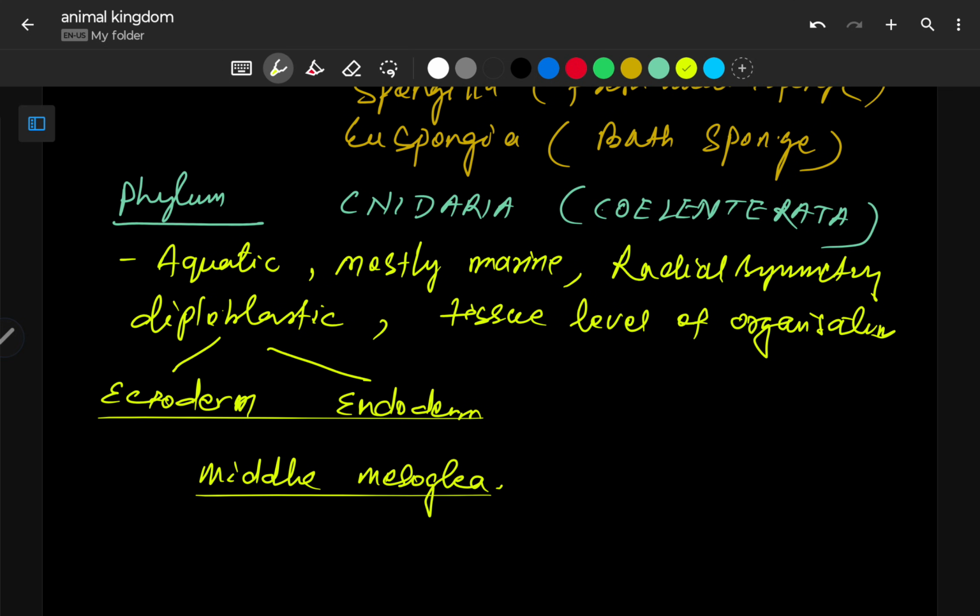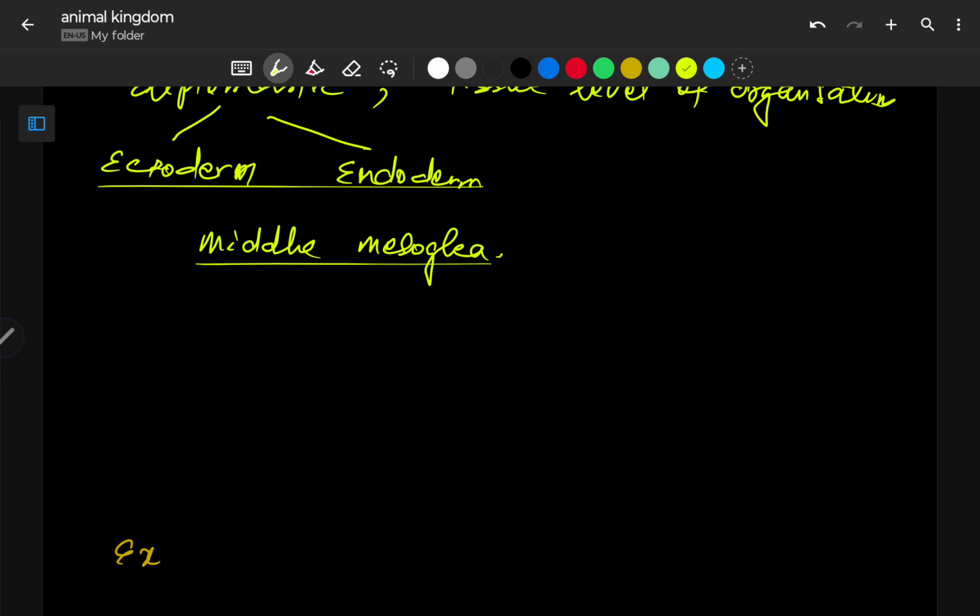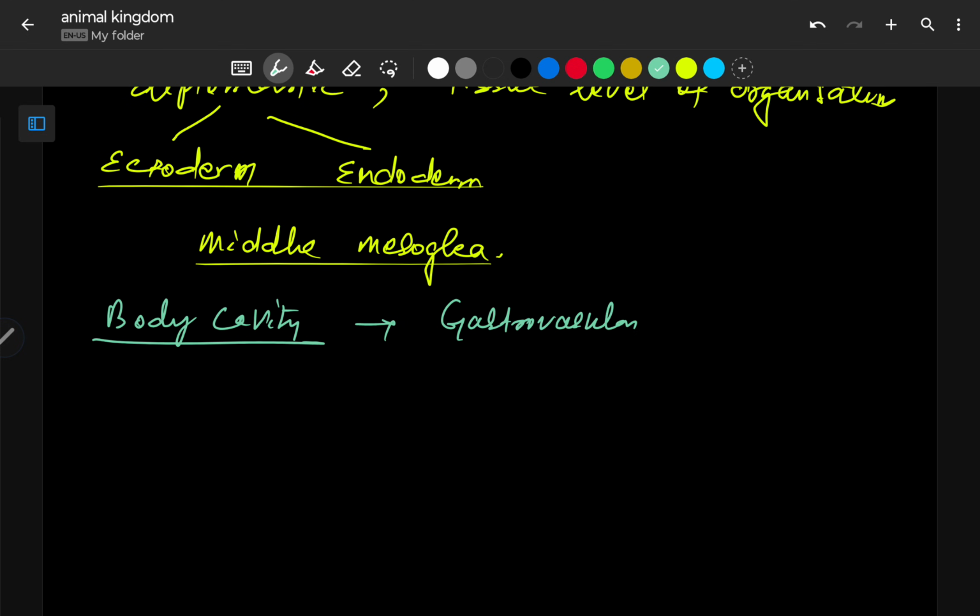Okay, now come to the body cavity. Now the body cavity is known as gastrovascular cavity.